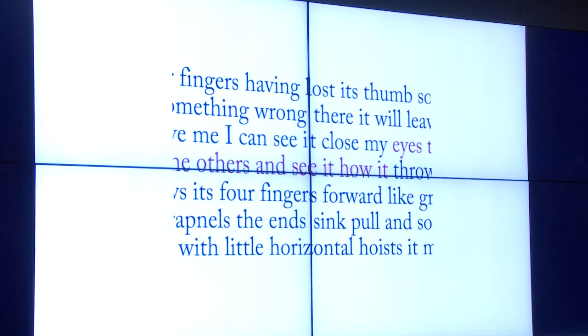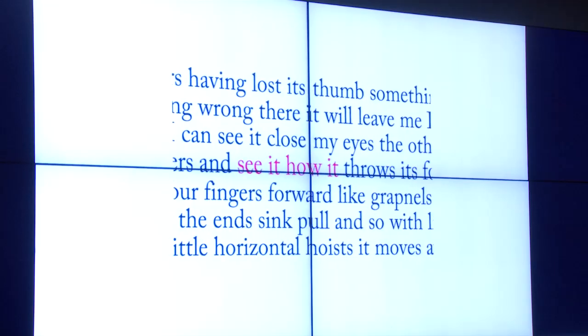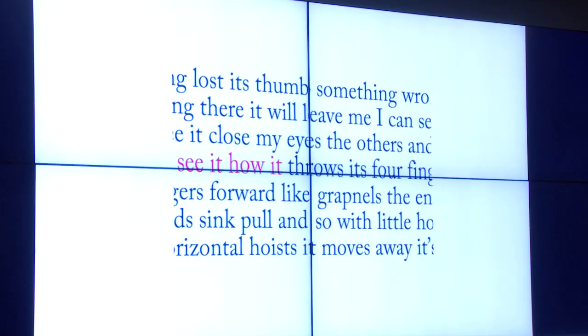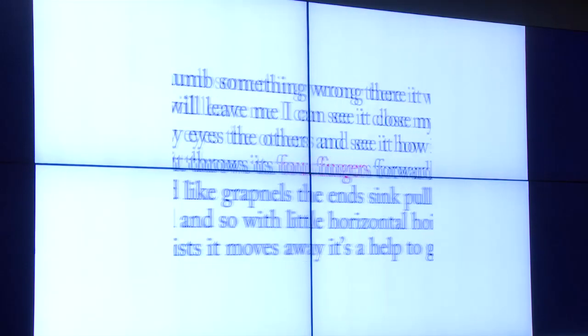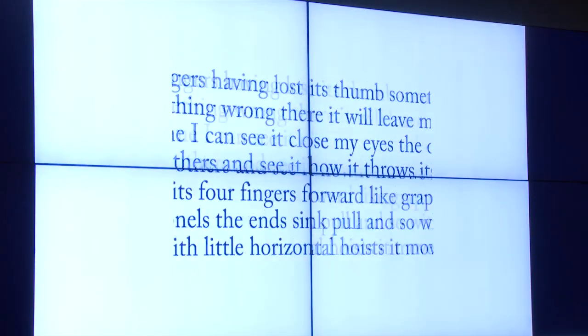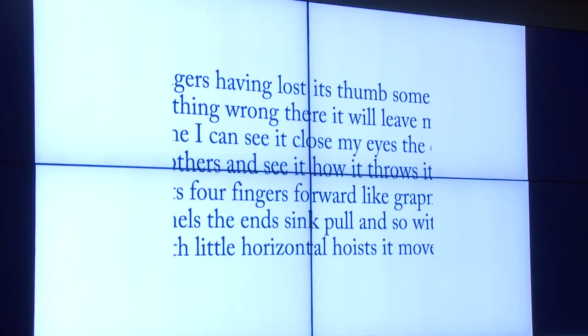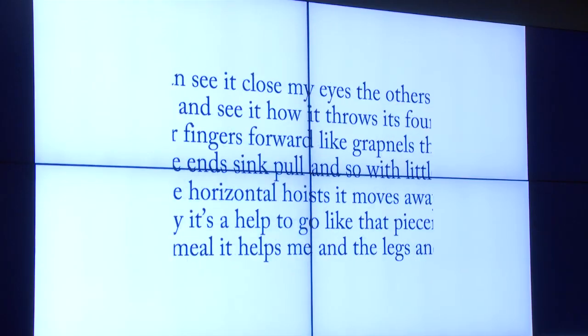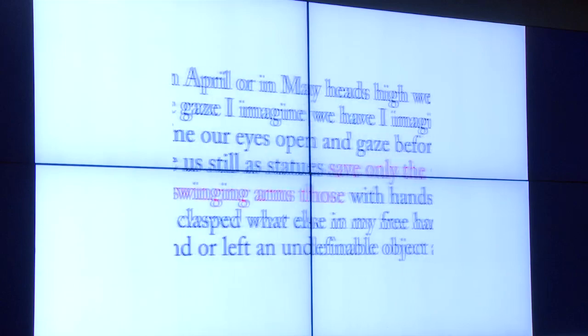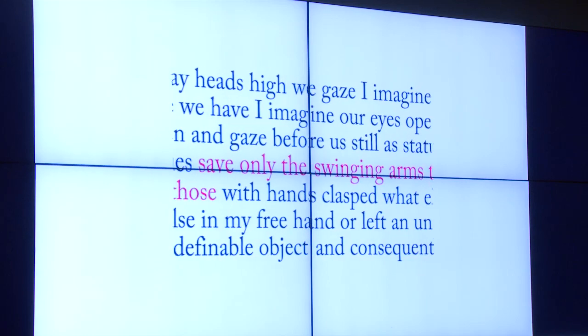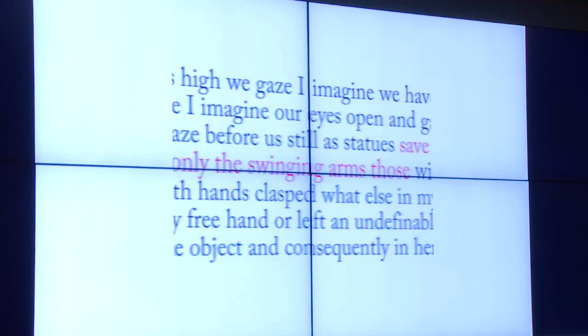I can find nothing of myself in all these things. There is my mother. There is my sister. I'm going to move again. Close my eyes so I don't see the others. I'm moving it. Save only the swinging arms. Okay, there you go. Those trunks of flesh bowing with hands clasped.